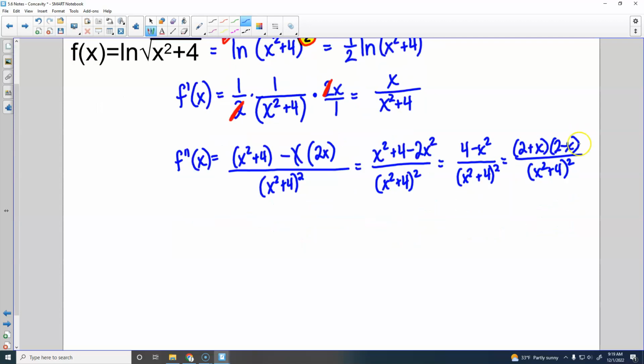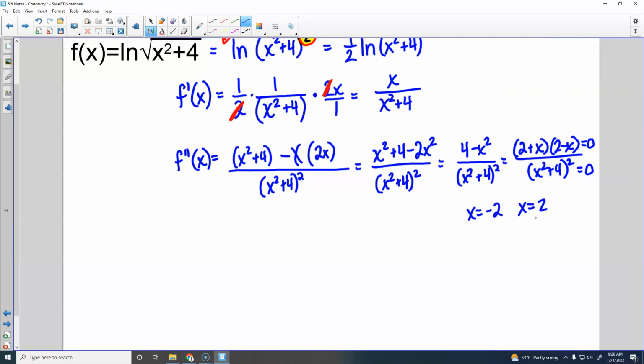So we're going to set numerator and denominator equal to 0. So we will get x equals -2 and x equals +2. What about the denominator? If I have x squared plus 4, x squared is positive. Adding 4 to it makes it even more positive.